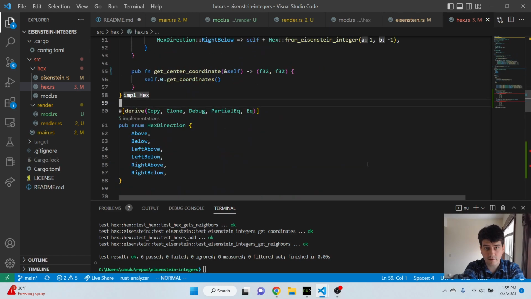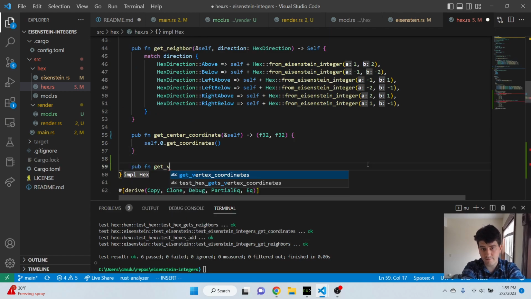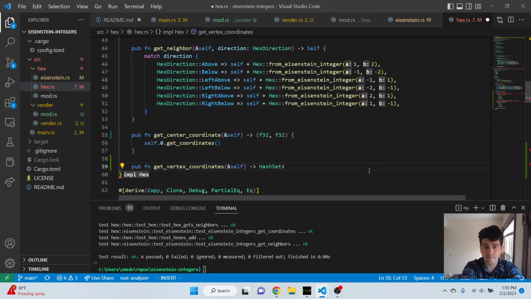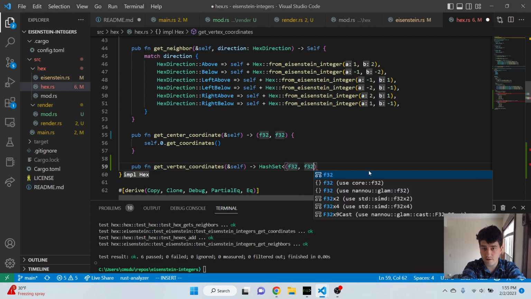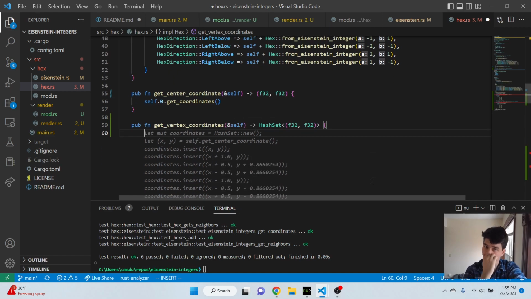And get vertex coordinates. A function get vertex coordinates. Self should return a hash set of f32 f32s. And this is going to be what?